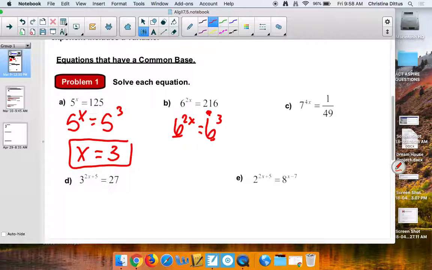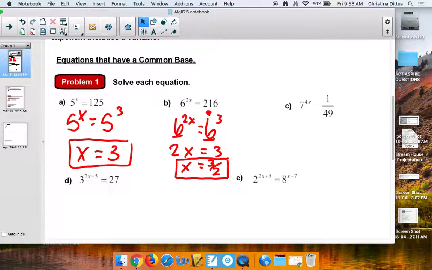Now that I have a common base, what should I set equal? 2x. Good. 2x equals 3, so what's x? 3 halves, 1.5. How do you want to write it? Okay. Questions so far?